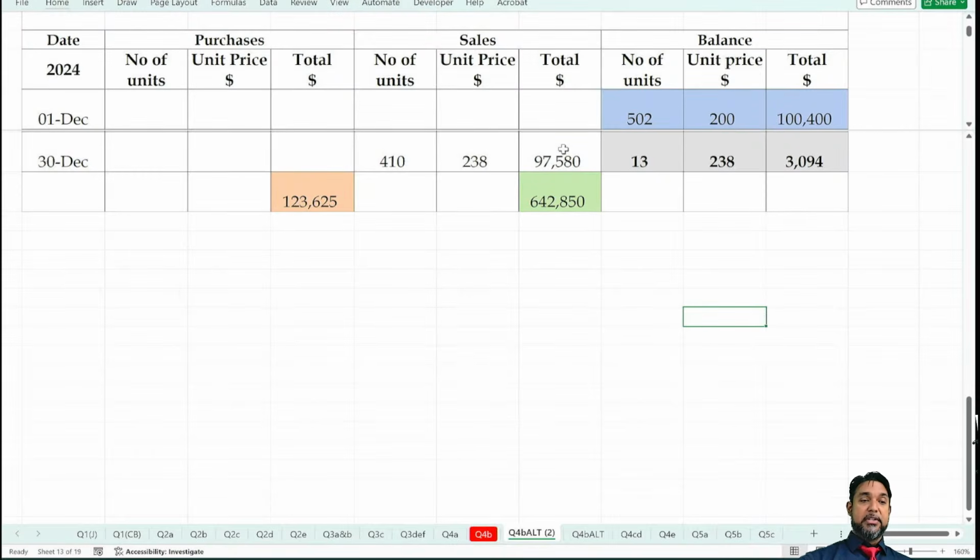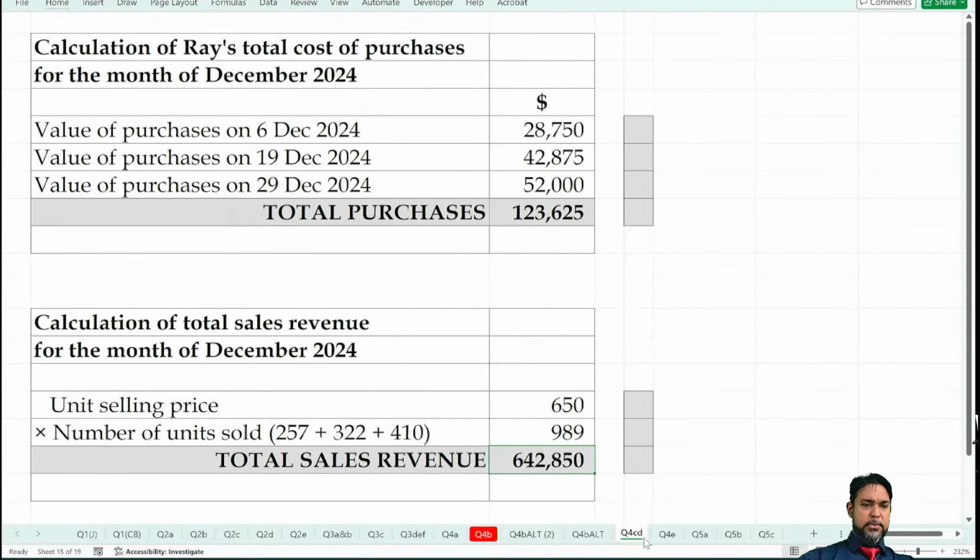Now that should actually match this figure here, 97,580. It should match 97,580. Should it? No. Sorry, I spoke too fast there. Actually, it should, as it's cost of goods sold, isn't it? Hold on. 123,625.